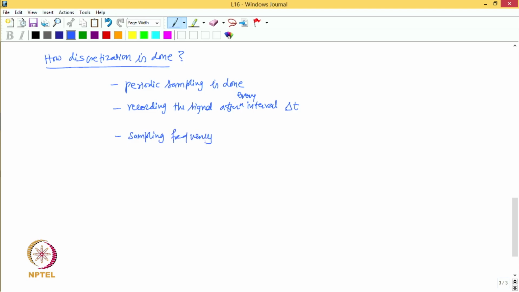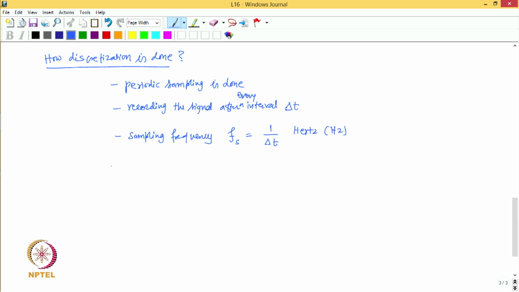The sampling frequency, often represented by f subscript s, is simply 1 upon delta t. So, this sampling frequency of the processor decides the sampling interval delta t.